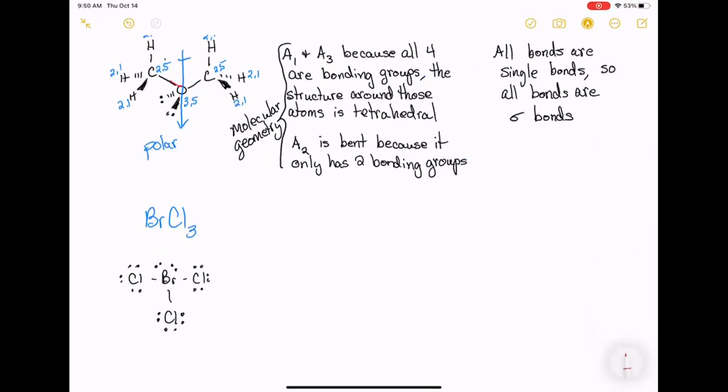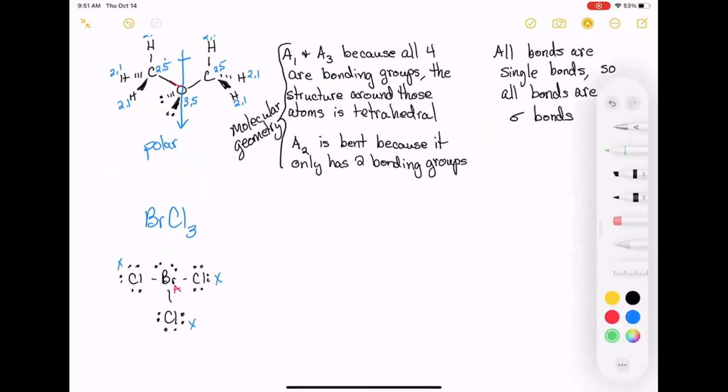So we have our central atom to which we have 3 elements bonded to it, and you have 2 lone pairs.